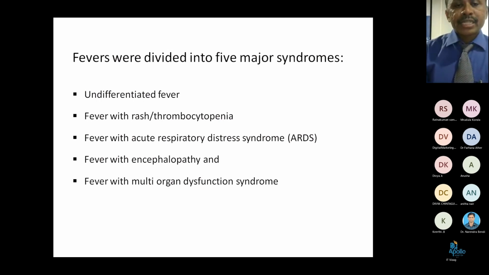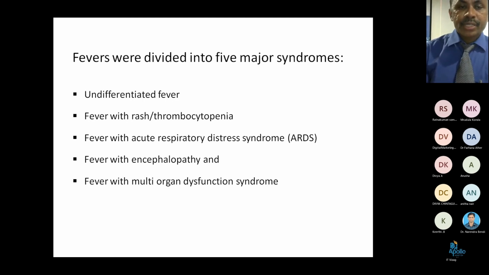So the fevers are differentiated into 5 major syndromes. It can be undifferentiated fever, or fever with rash and thrombocytopenia, or fever with acute respiratory distress syndrome, fever with encephalopathy, and fever with multi-organ dysfunction syndrome. And these are not totally different areas, they're not without any overlap. There is a lot of overlap.